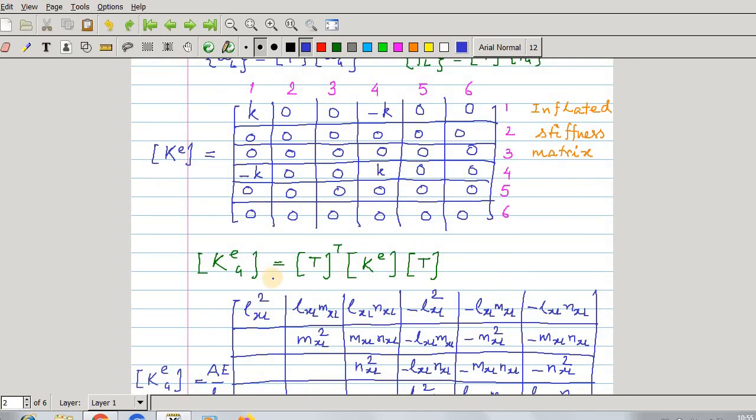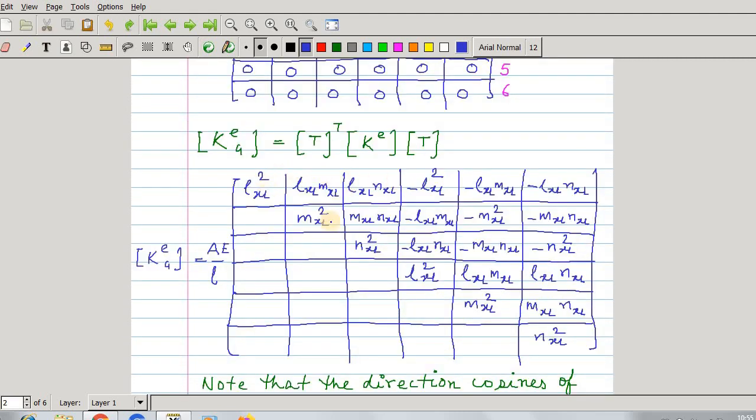Now if you attempt to get your global stiffness matrix, you just multiply the matrix and you get something like this, and here you write symmetric. After this multiplication, in this global stiffness matrix, you are only getting LXL, MXL and NXL.